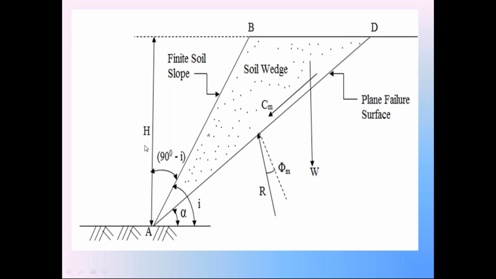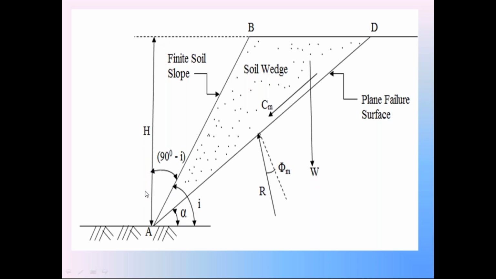With horizontal, the side AB makes the angle I. So with this vertical, the side AB makes the angle 90 minus I. That is the angle made by side AB with vertical. And you know this height is H. So take this right angle triangle in the diagram.